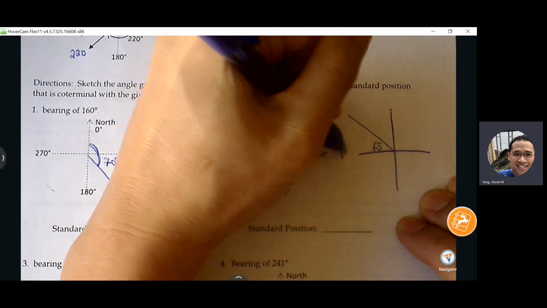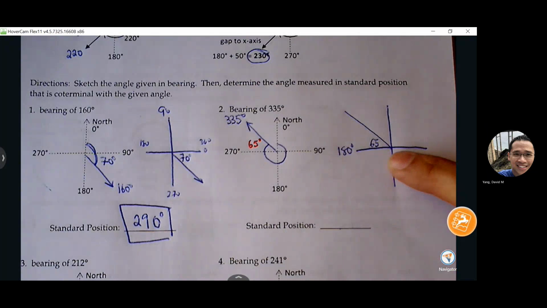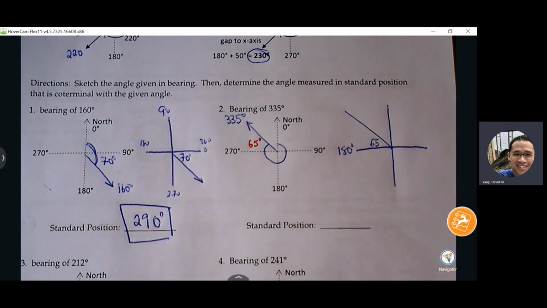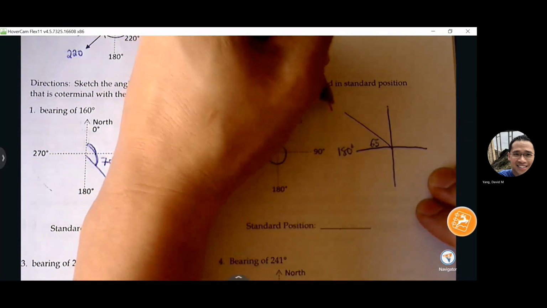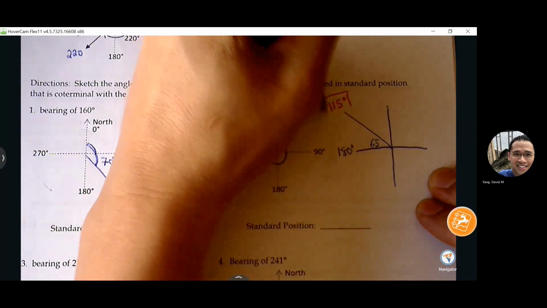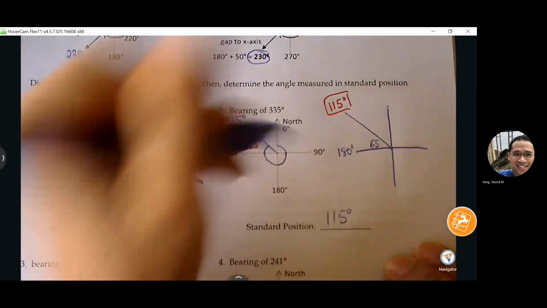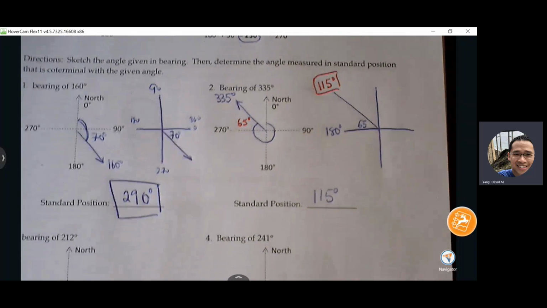We know this is off the 180 degree normally. So what is this degree measure in standard position? 180 minus 65 is 115. So we get enough information from a bearing perspective and convert it over to standard position.